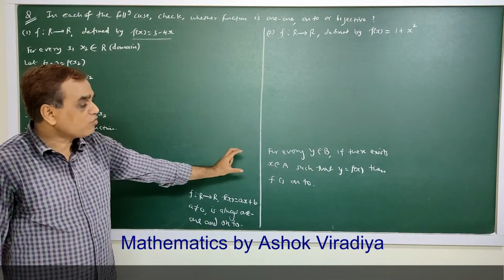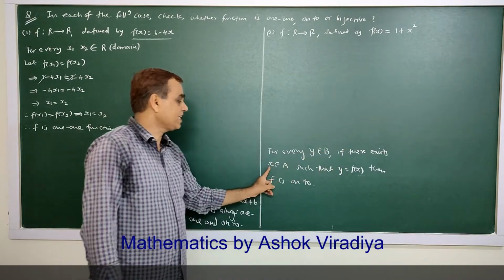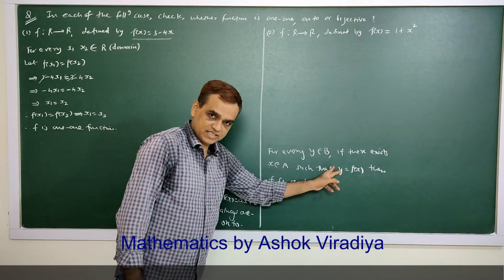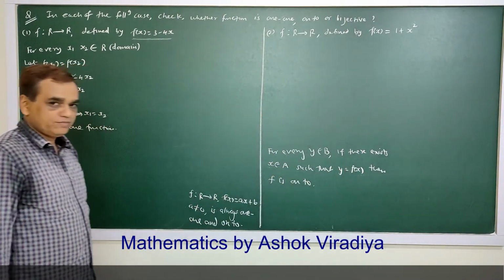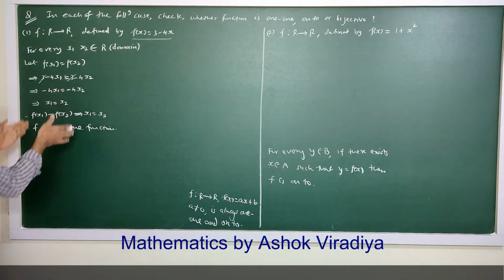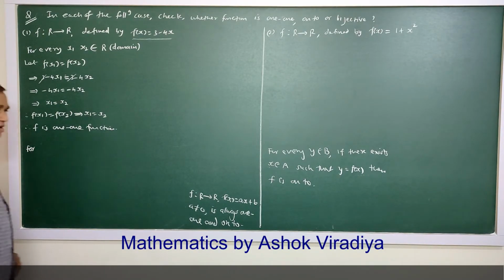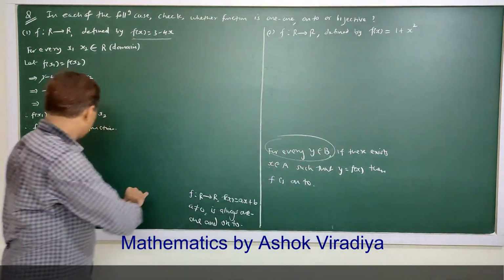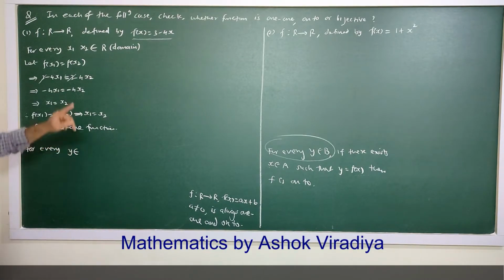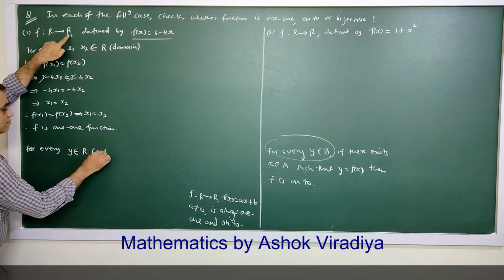These were the words in the definition of an onto function. What is B here? R. This is the codomain.